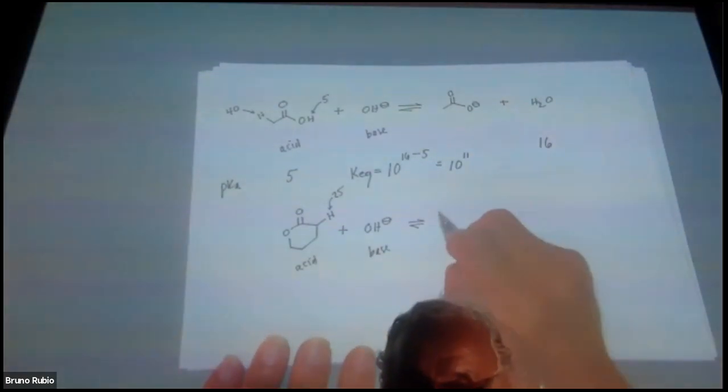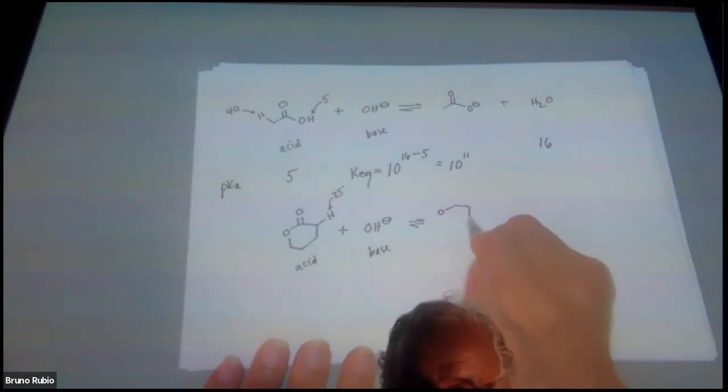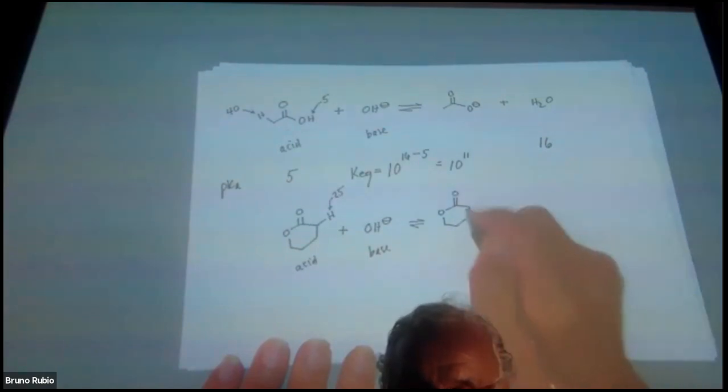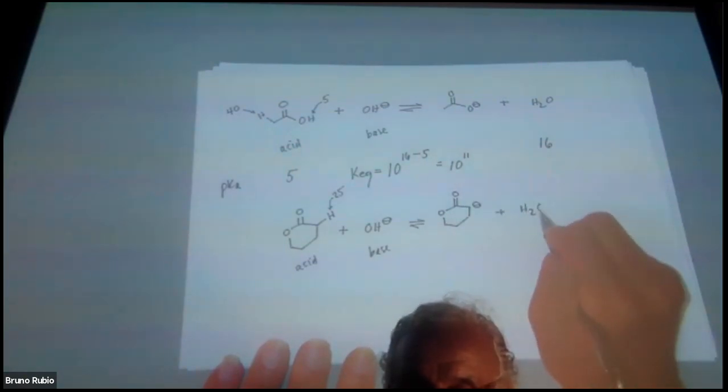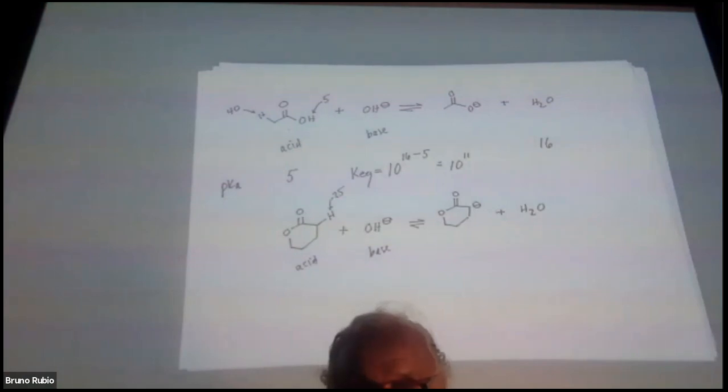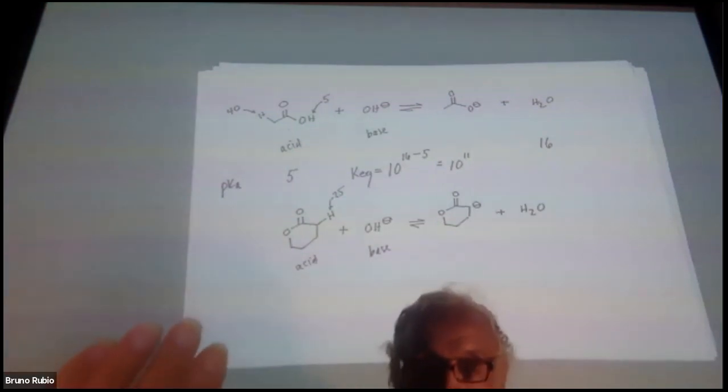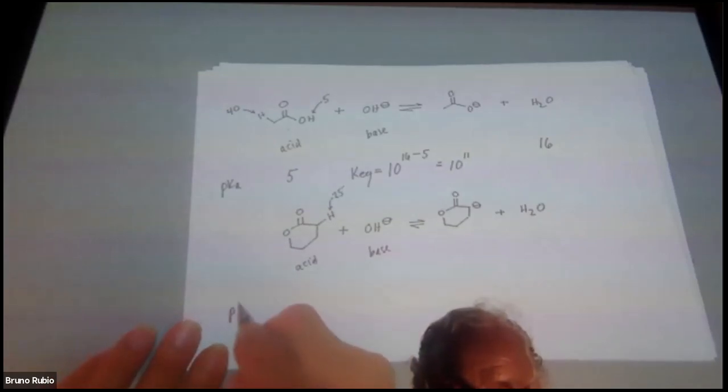Okay, so we've identified the acid, we've identified the base, we've identified the most acidic proton of the acid, the proton that will be removed by the base, and it's going to give us those products. All right, we're ready to calculate the equilibrium constant for the reaction.